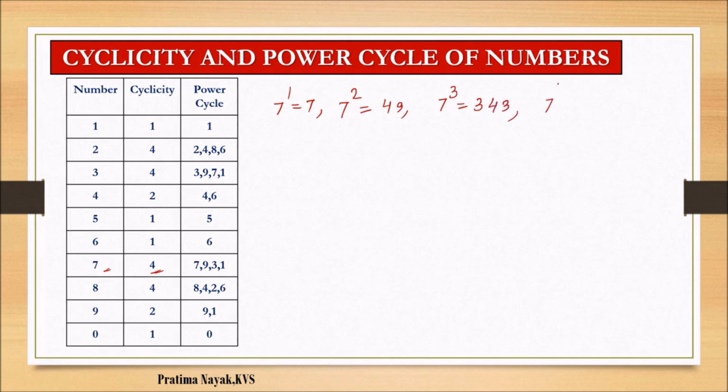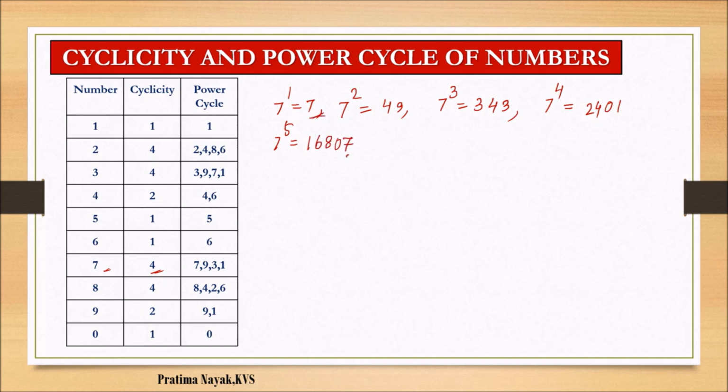7 power 4 is equal to, you will multiply 7 again, 2401. Again if I multiply another 7, it will be 7 to the power 5, which will be 16,807.